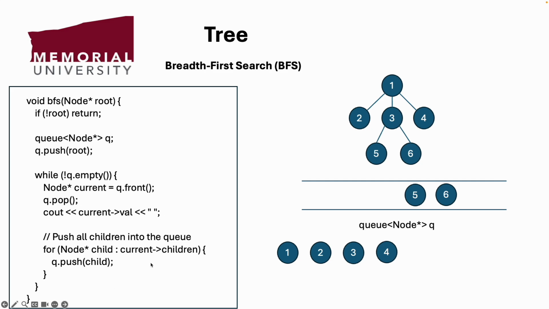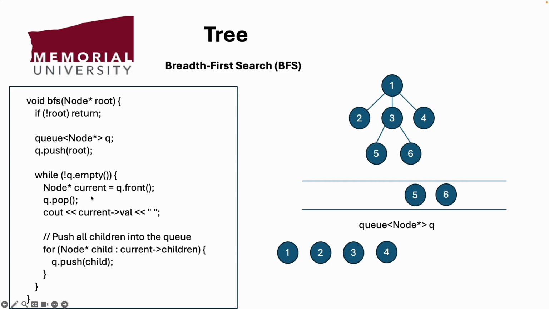Then we continue within the while loop. The queue is still not empty, and we define the current node as Q.front. What's the Q.front? It's this element, node 5. So current is node 5.